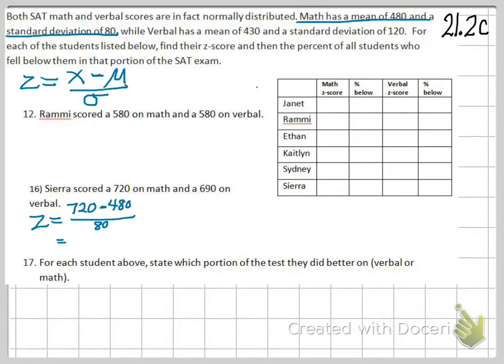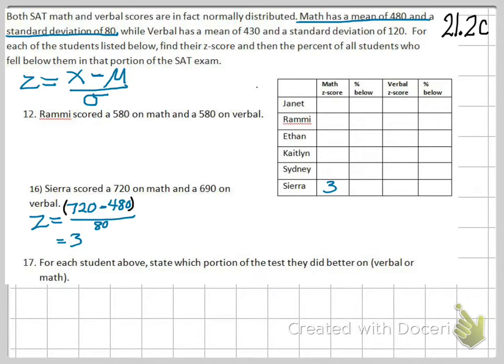Depending on your calculator, you might need to throw some parentheses around there to make this work out for you. Let's see if I can put this in my calculator. This turns out to be just 3. Then I can write that into my table here. Sierra z-score 3.